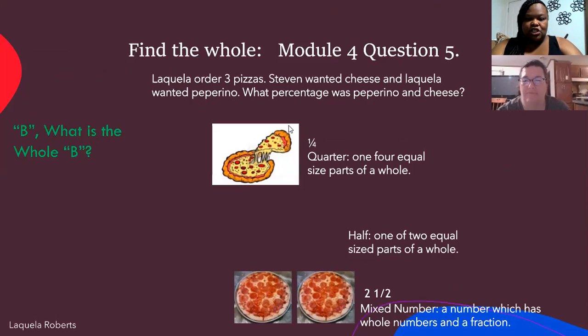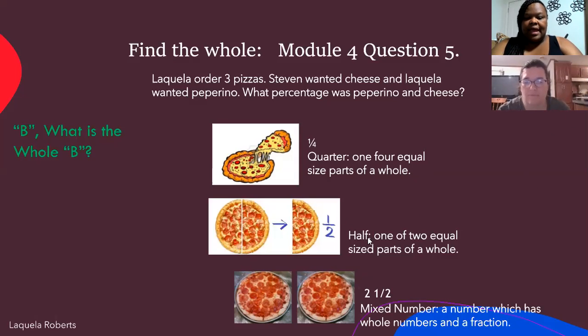All right, so 1/4 equals 1 of 4 equal size parts of a whole, and then 1 of 2 equal size parts of a whole. 2 1/2, which means mixed number, a number which has whole numbers and a fraction.